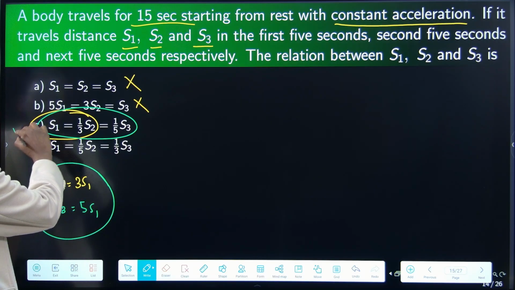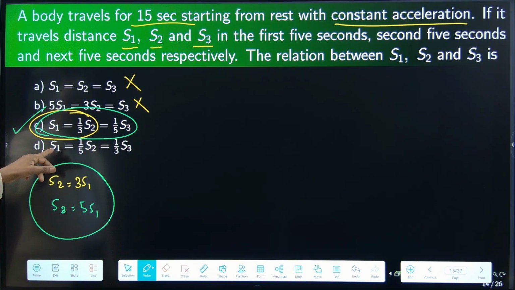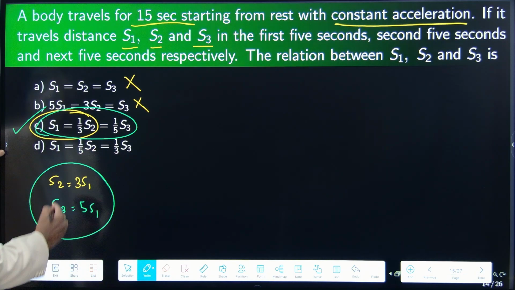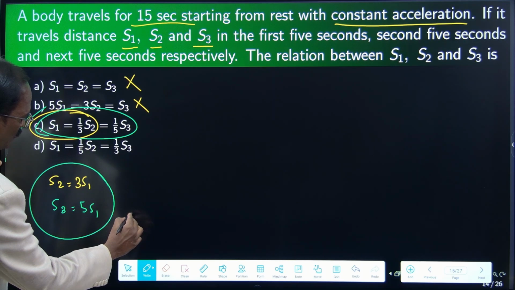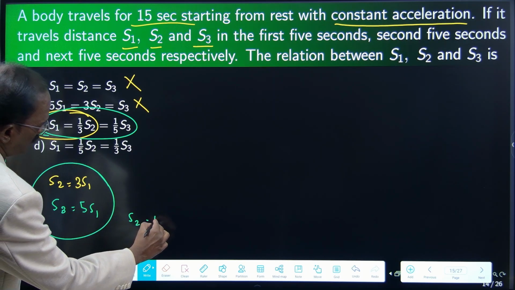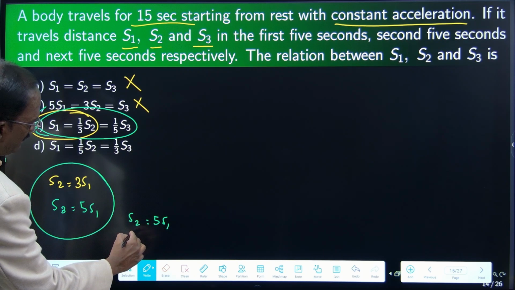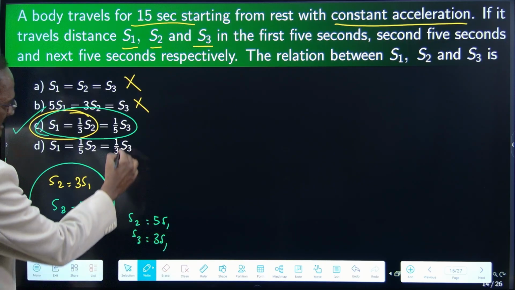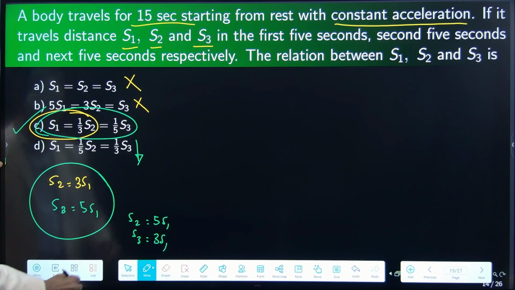So this is correct. Here S1 is equal to 1 by S2 is equal to 1 by 3 S3. So it is S2 is equal to 5 S1, S3 is equal to 3 S1. It is decreasing. The value is decreasing. So this is wrong. So logically you can find the answer.